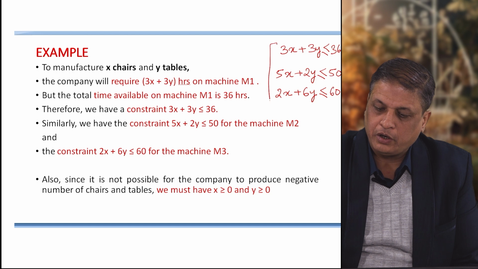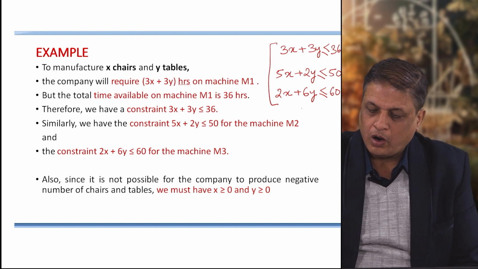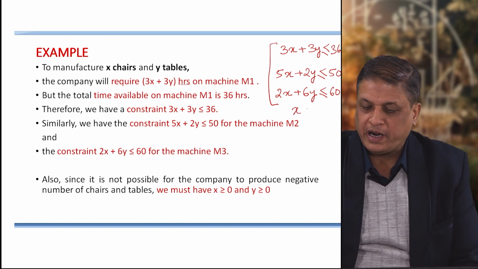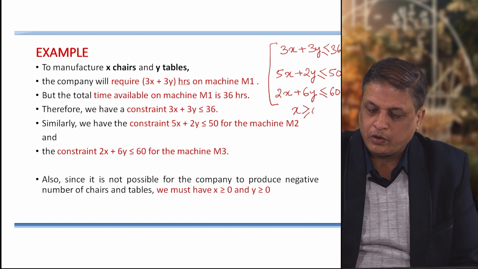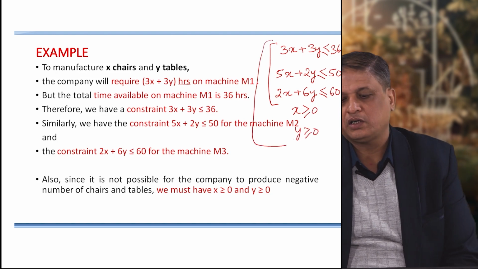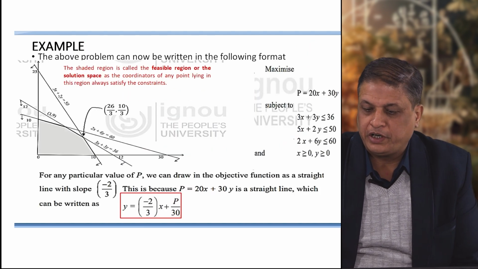So, these three inequalities represent the constraints, and there is a non-negativity constraint that chairs and tables can never be negative, so they are greater than or equal to 0. So, these all are the constraints. That means we learned how to formulate the problem.